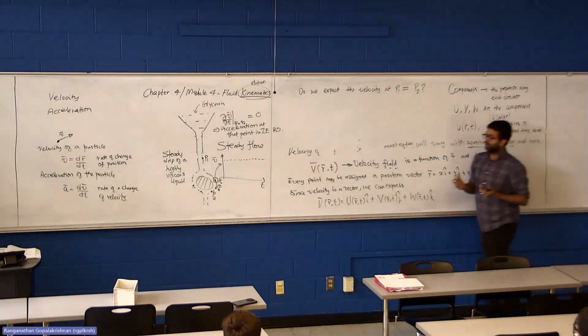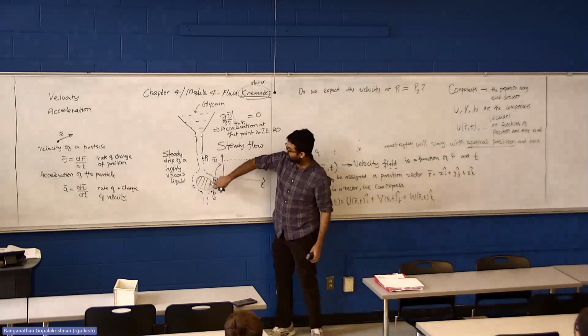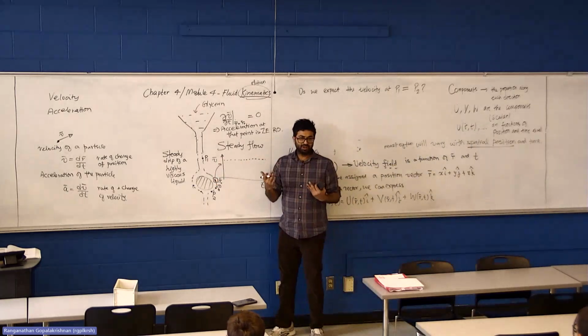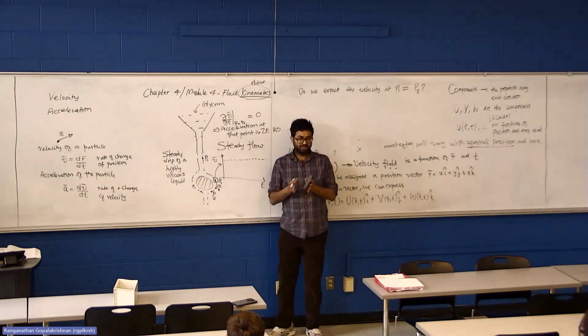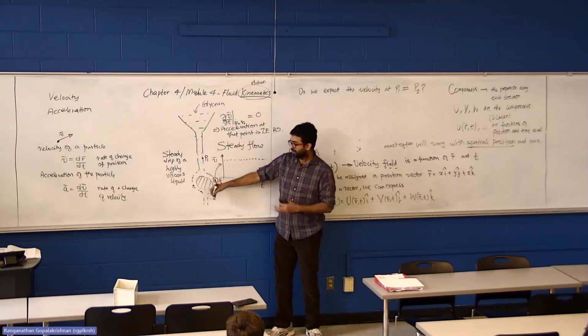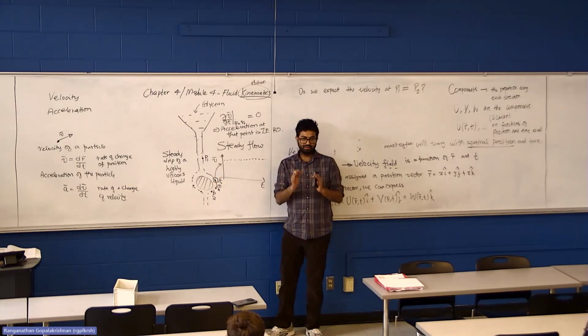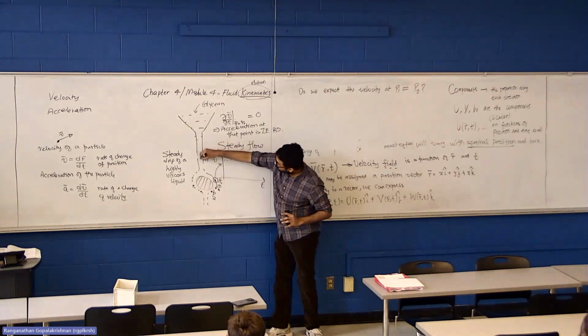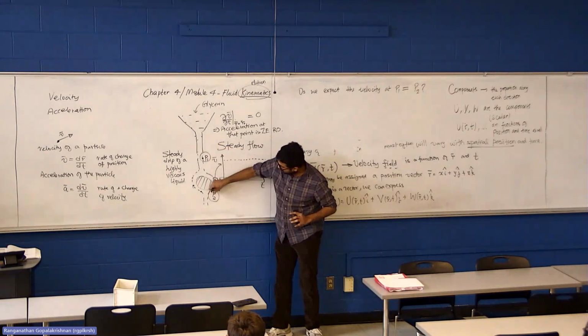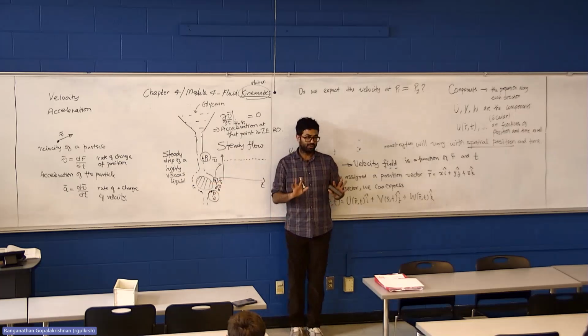We don't expect it, right? The fluid is far away from the ball. It must have some velocity. As it comes closer, it has to turn around the object, and then it has to again keep flowing. So I'm not asking you to compute anything. I'm just asking, will this velocity be same as this velocity? No.